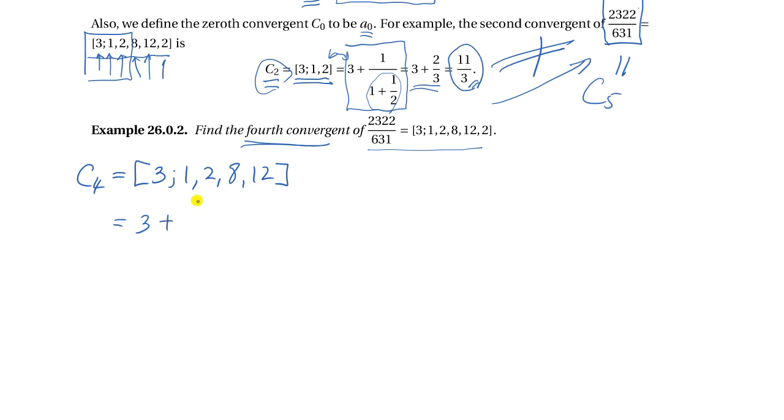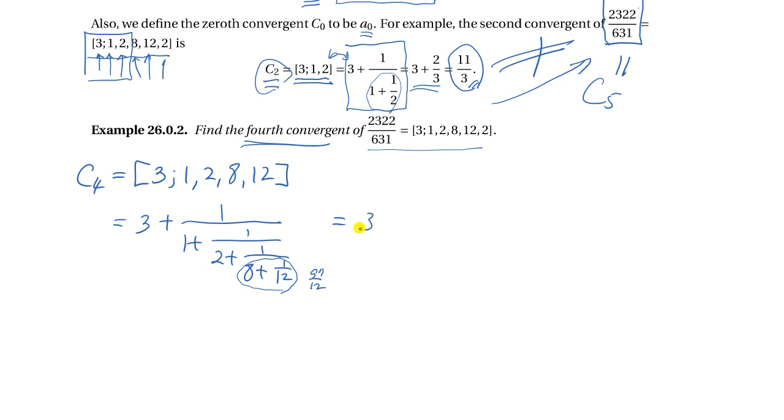Then it's 3 plus 1 over 1 plus 1 over 2 plus 1 over 8 plus 1 over 12. Then just do one by one. That is 97 over 12. Please check.